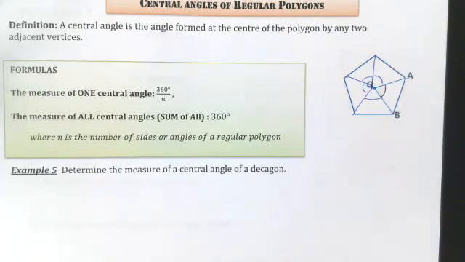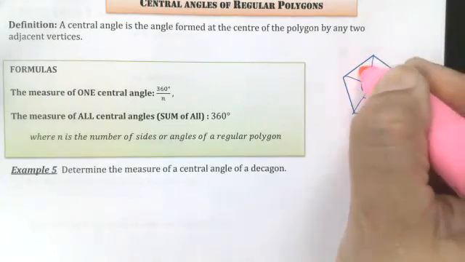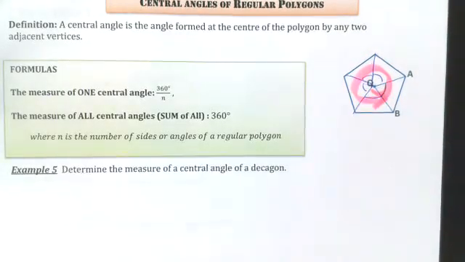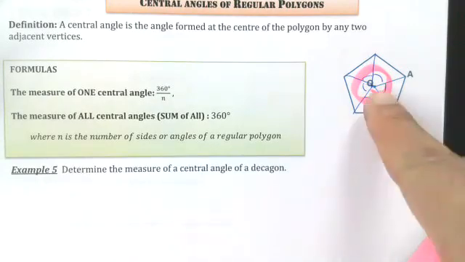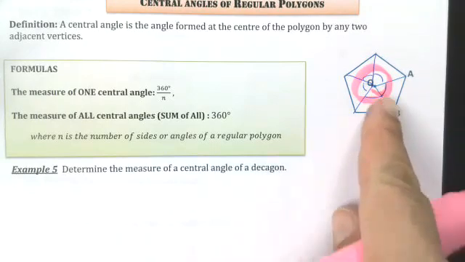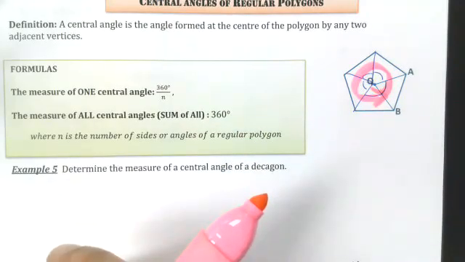Now, let's start here and rotate back to where we started. That rotation around the center, the fixed point, is how many degrees? 360, right? So the sum of all central angles is 360 again.